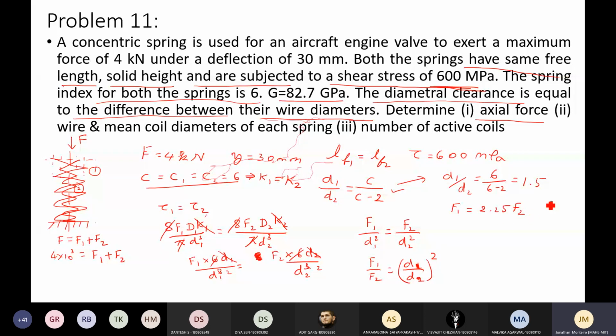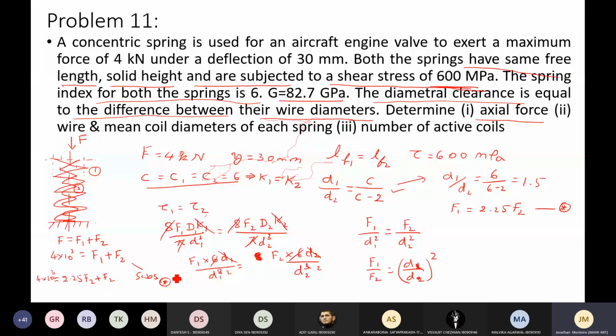So substitute this star over here. What happens here? The left hand side becomes, right hand side becomes F1 as 2.25 times F2 plus F2 equal to 4 into 10 raised to 3.